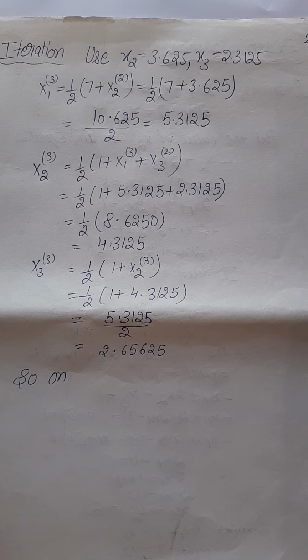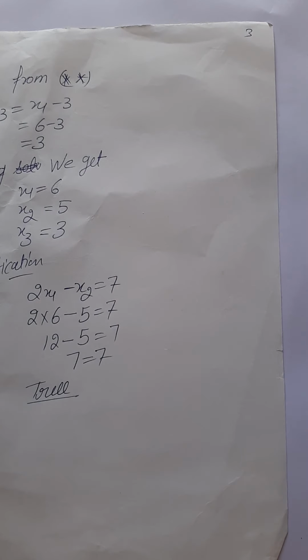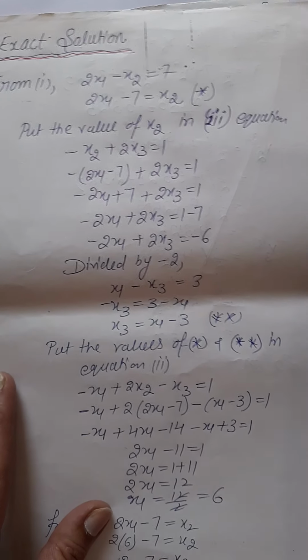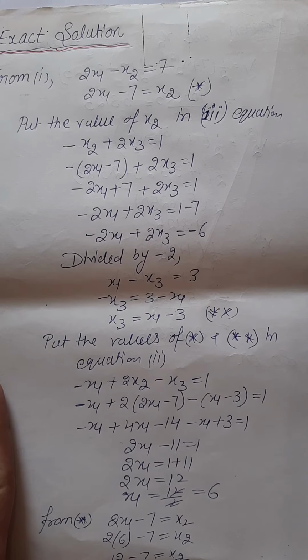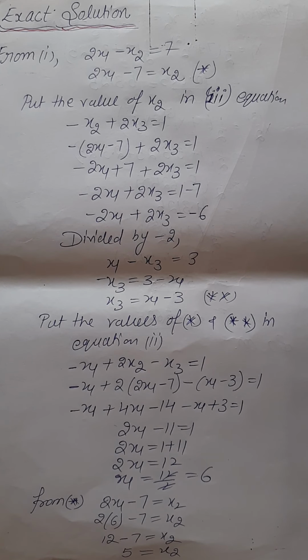Many times in the question paper, they can ask you to solve by the exact solution also. So, let me see how we can solve this by exact solution. For this, we solve these three equations as usual. You can use any method from the 10th standard also.